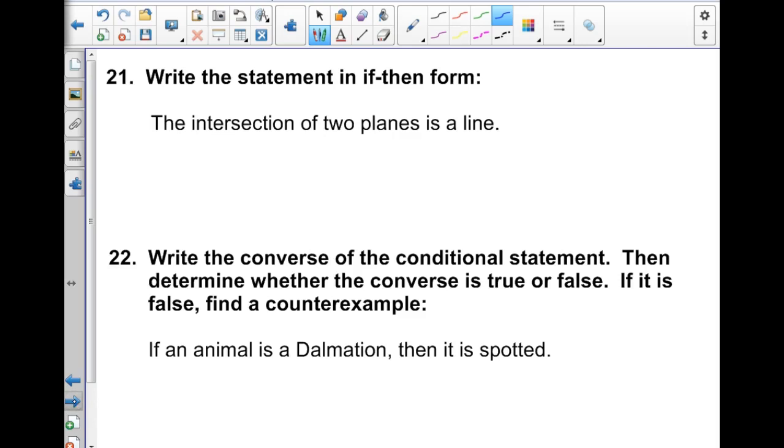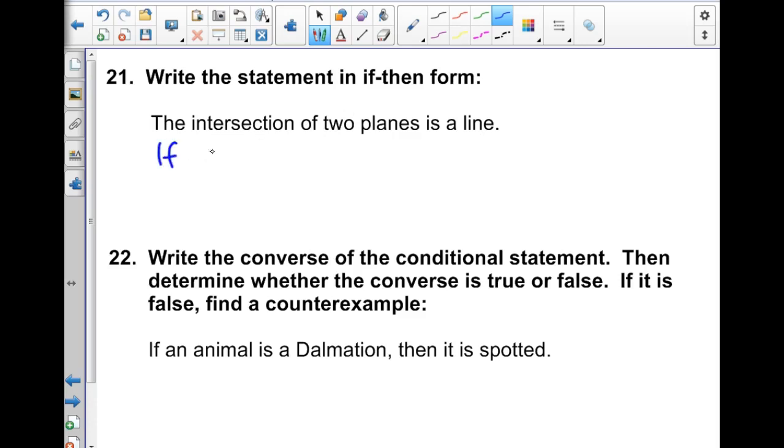Okay, some of us made mistakes with this on the last quiz. Writing an if-then form. Do not try to mess around with the order of things. It says the intersection of two planes is a line. So if two planes do what?